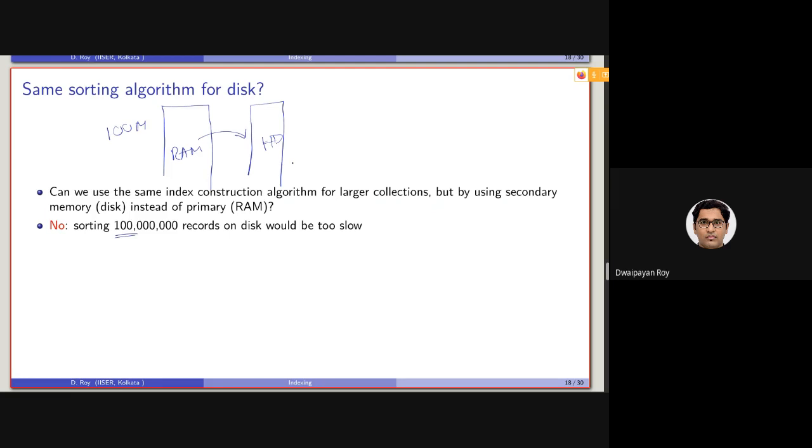Because as we have discussed, all the computation needs to be done when the data is in the RAM. We cannot actually perform some operation when the data is actually in the hard disk.